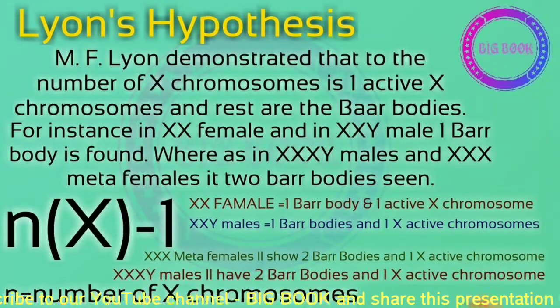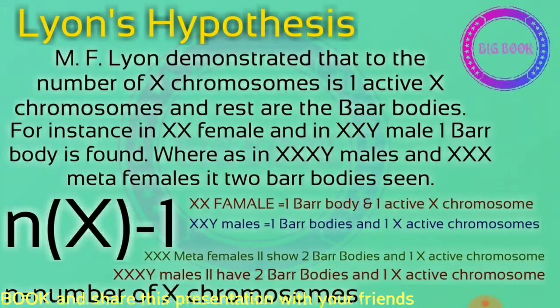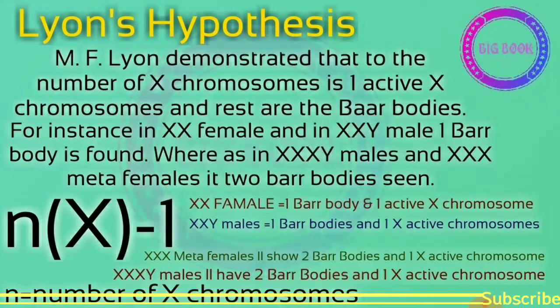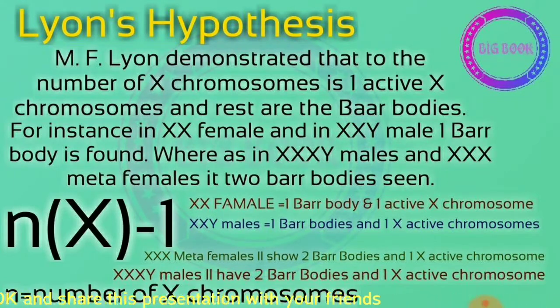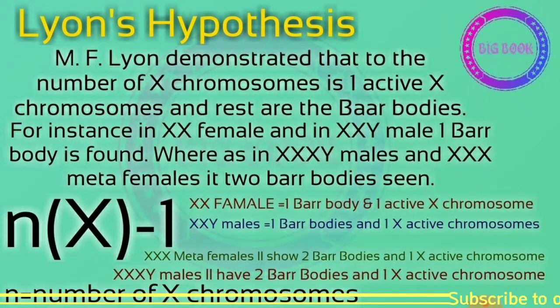So 2X minus 1X is equal to the 1X remaining. In the formula, minus 1X means that one X is going to remain active out of whatever number of sex chromosomes are present.